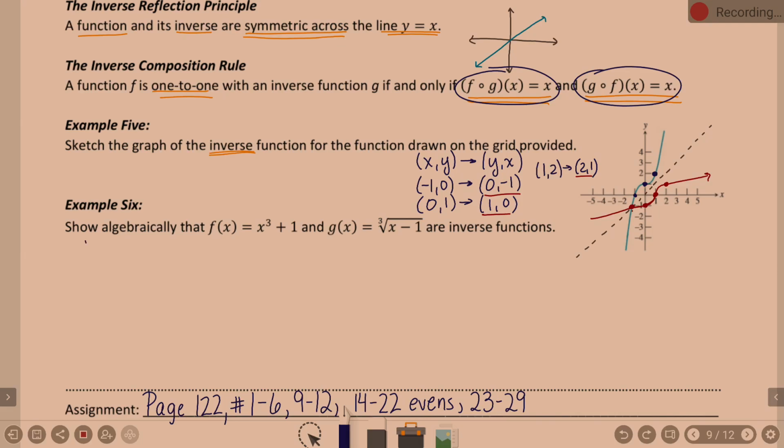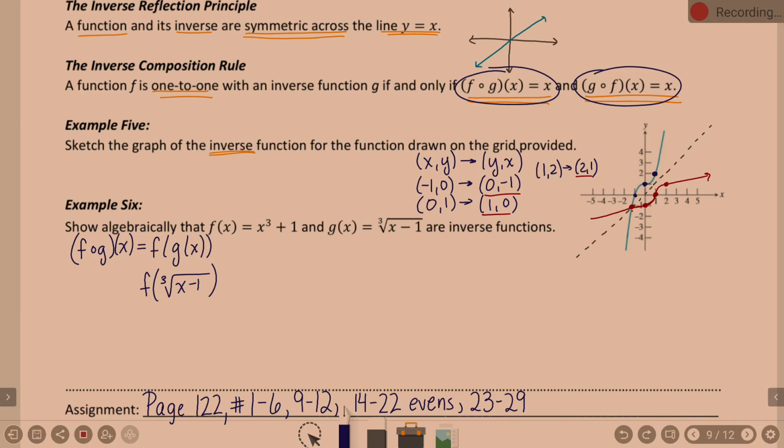So if I start with f∘g, f composed with g of x is also written as f of g of x, correct? I'm going to take g and put it into f. So this is f of, what is g? Cube root of x minus 1.